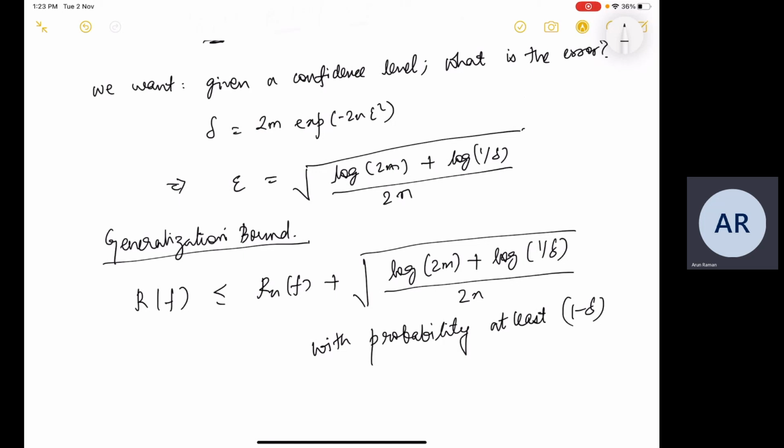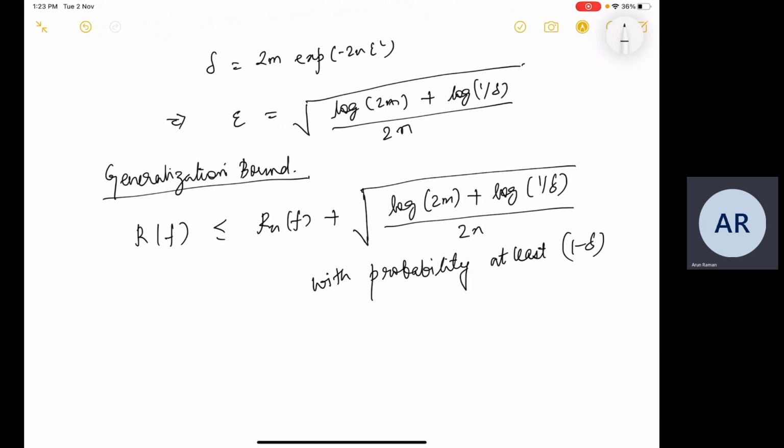Here first, given a delta, we pick the value of delta, and then we get the bound that we want to have on this. I would like to make a couple of comments on the bound. What it is actually saying is that on the left hand side we have a true risk, and on the right hand side we have empirical risk plus a capacity term.